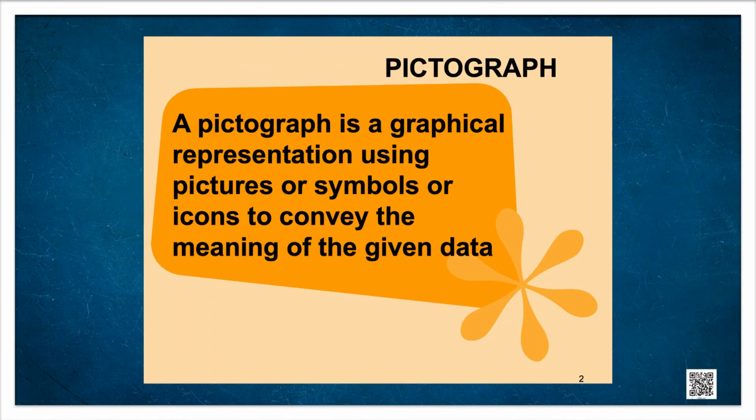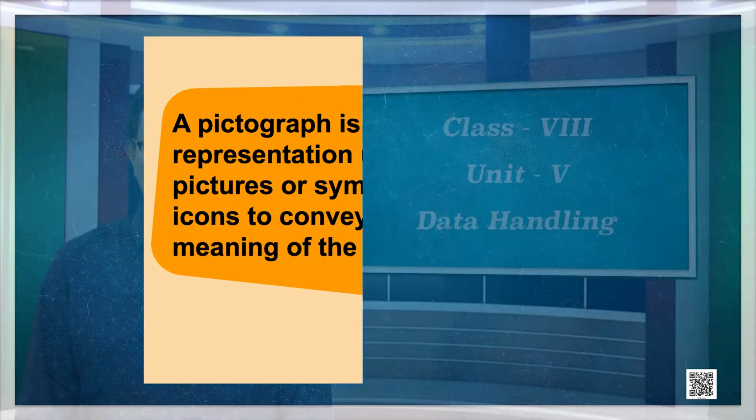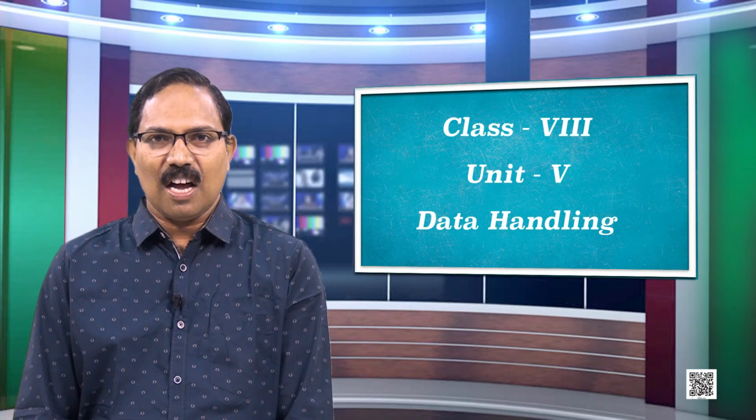A pictograph is a graphical representation using pictures or symbols or icons to convey the meaning of the given data. That is, a symbolic representation of information in a systematic manner. When do we use a pictograph?